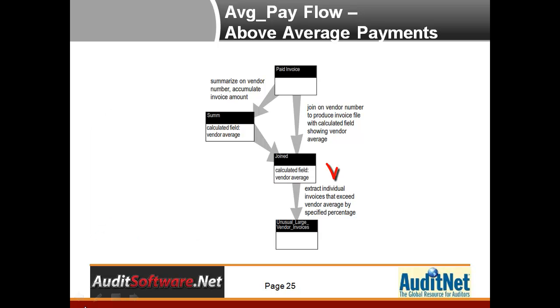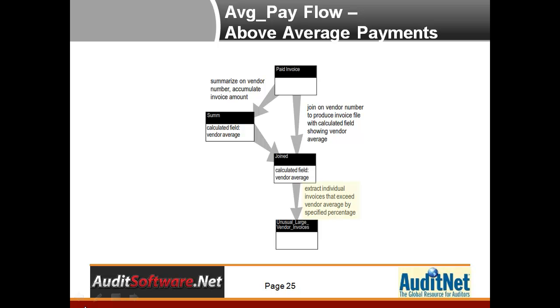Once that calculated average is obtained by vendor, now summarized, I have a vendor number that I can join back to the original paid file to create this joined file. And the joined file, I name it as such because it's something I will normally erase later.